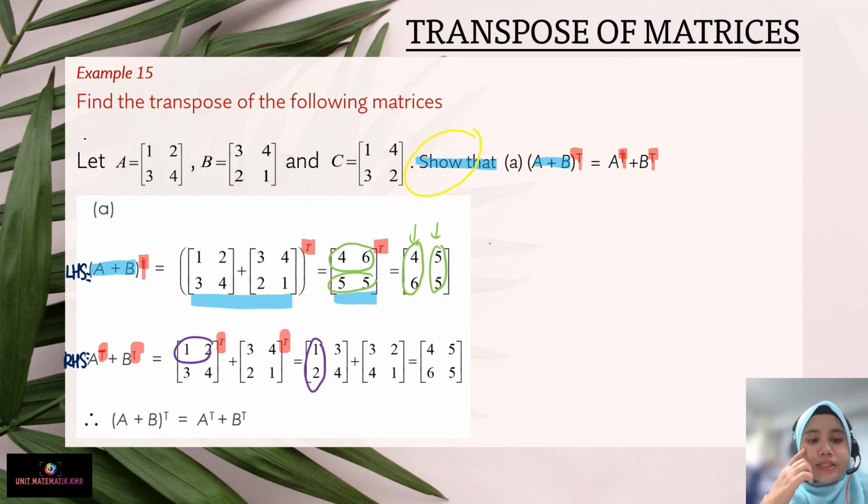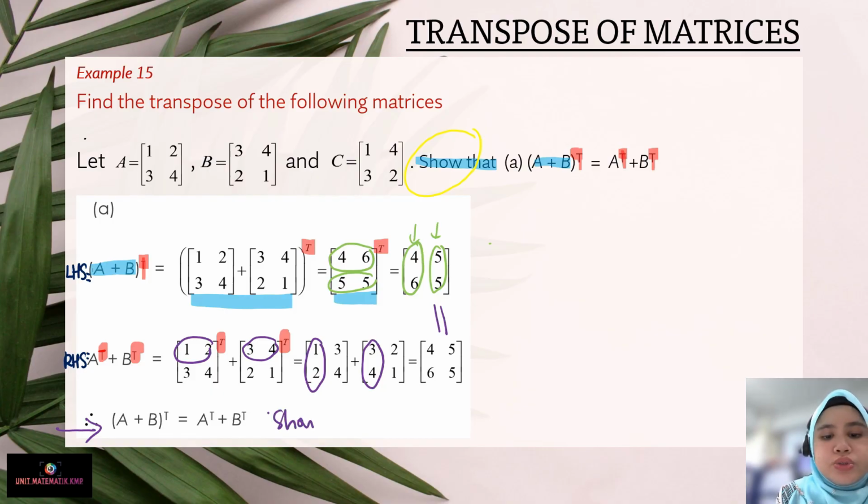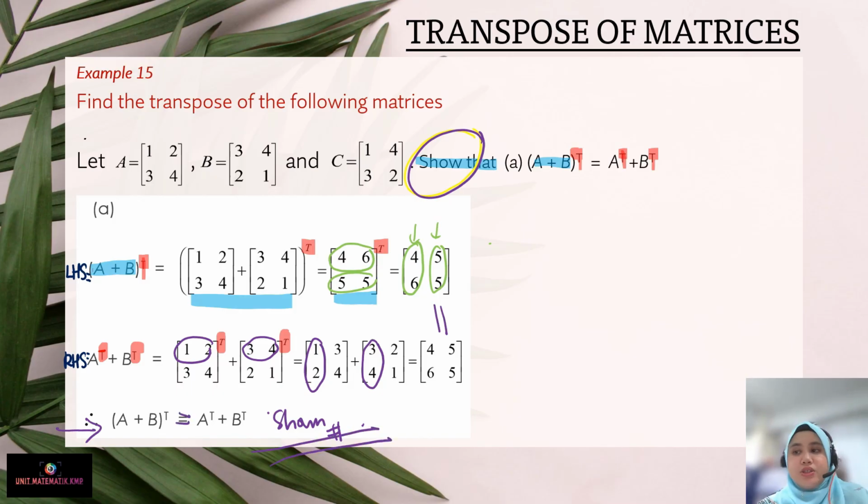Then for matrix B, 3, 4 will be like this. Then just add the values. As you can see here, the values are the same, so we make the conclusion. You need to write the conclusion and the word "shown", because the question says show. So easy, right?